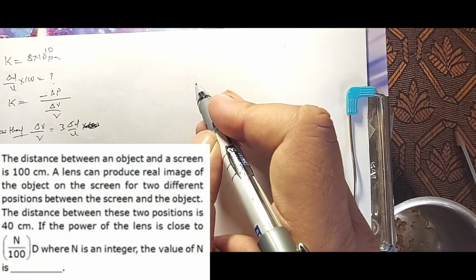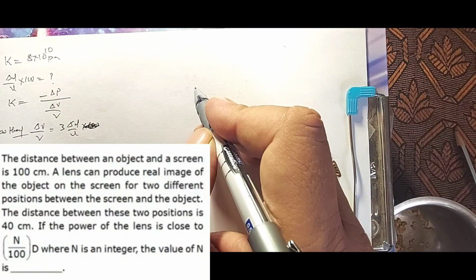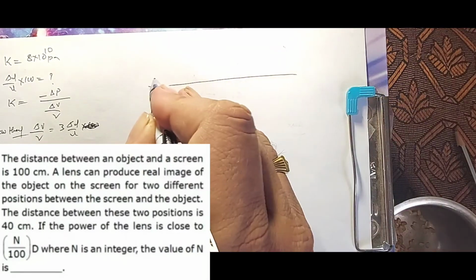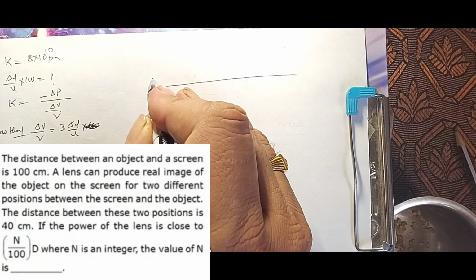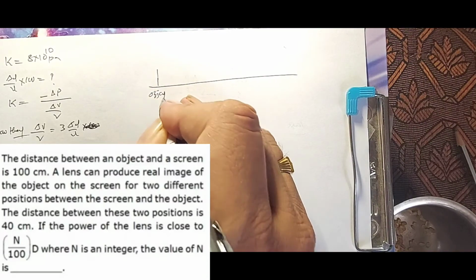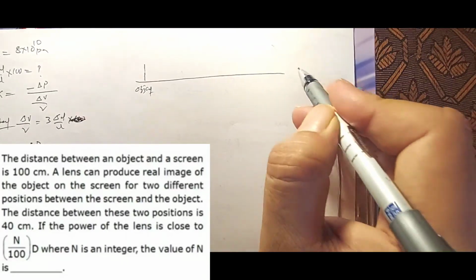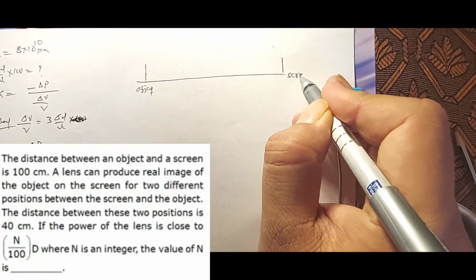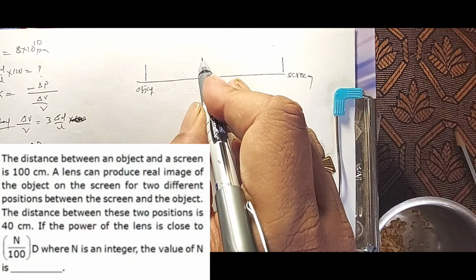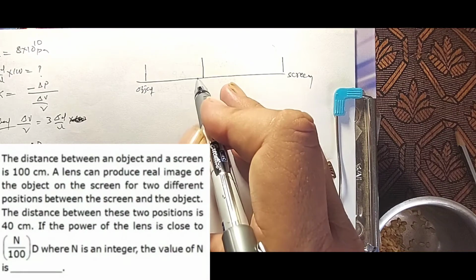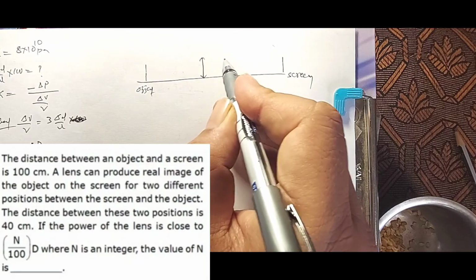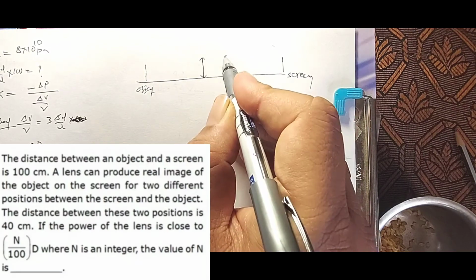So this question is asked from conjugative forcing method. So this is object and this is a screen. In between object and screen, we put a lens. We put a lens at two different positions.